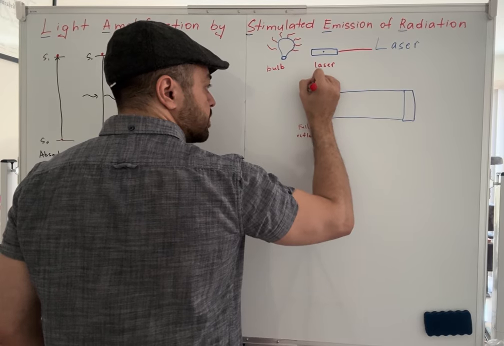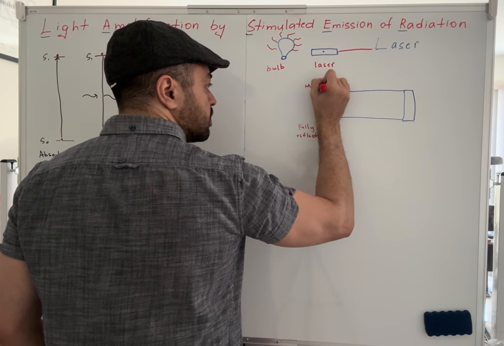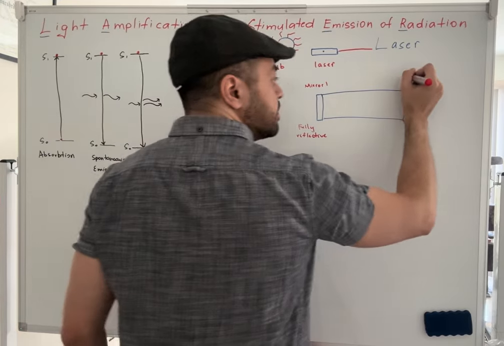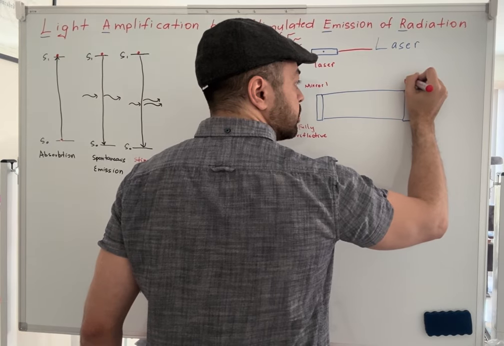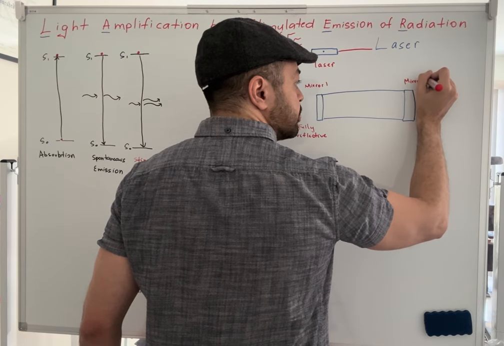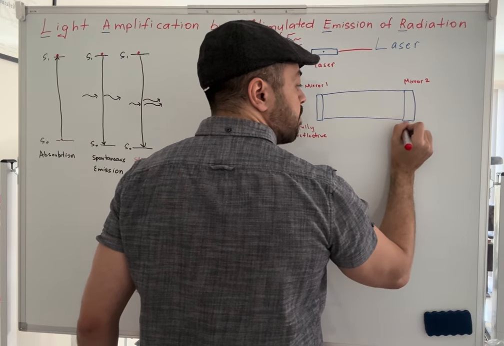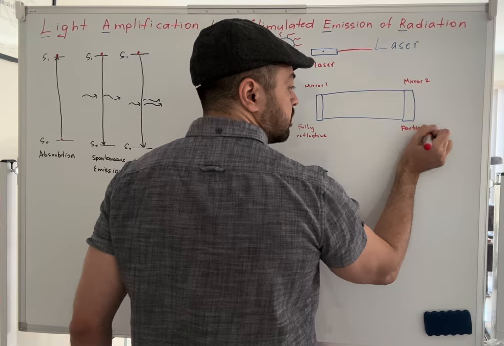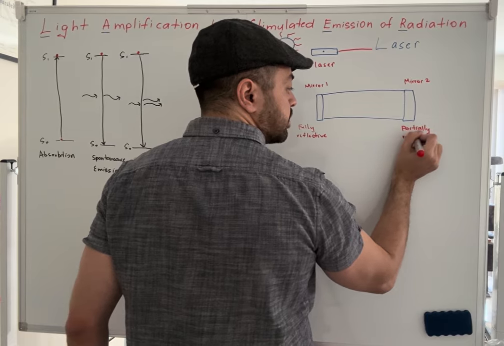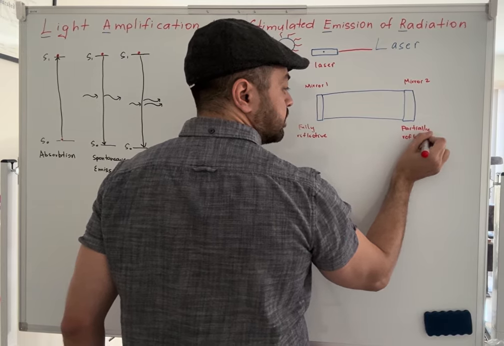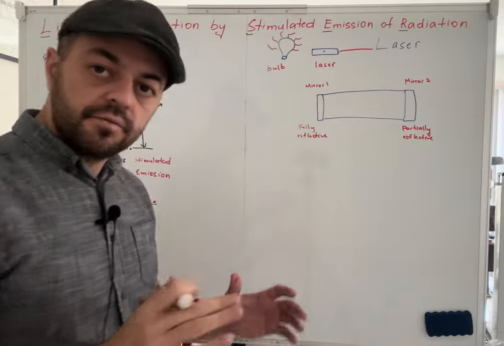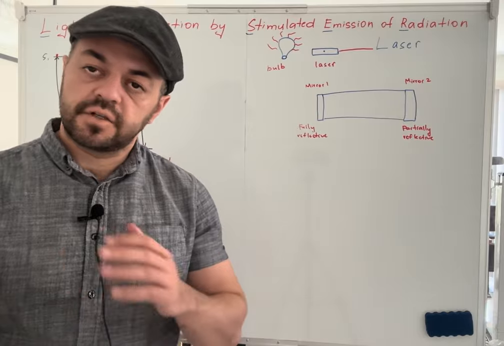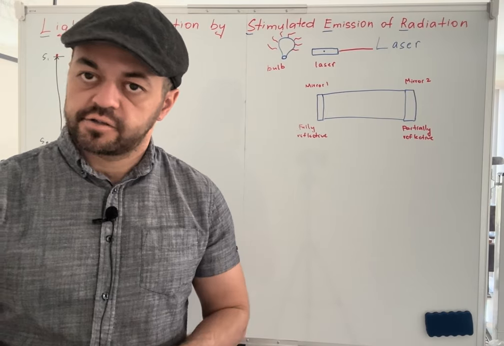This is mirror 1. And then mirror 2 is partially reflective. Okay, so it's a gain medium, and then there are two mirrors. One is fully reflective and one is partially reflective.